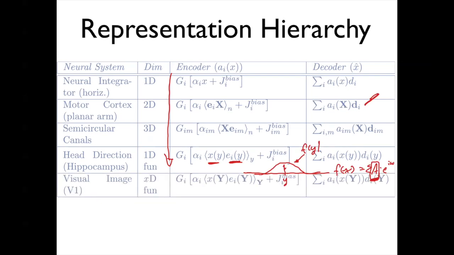We can push this even farther, and go into an n-dimensional function. A visual image we can think of as a 2D function where the intensity at every point in that 2D space is the intensity of light hitting our eye from that point in space. More than just the intensity of light, we can also define other properties at every point, like the depth. So we can have more than one thing defined for each point in the function.